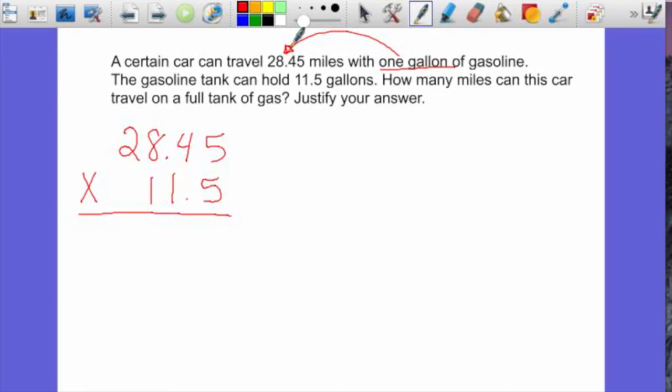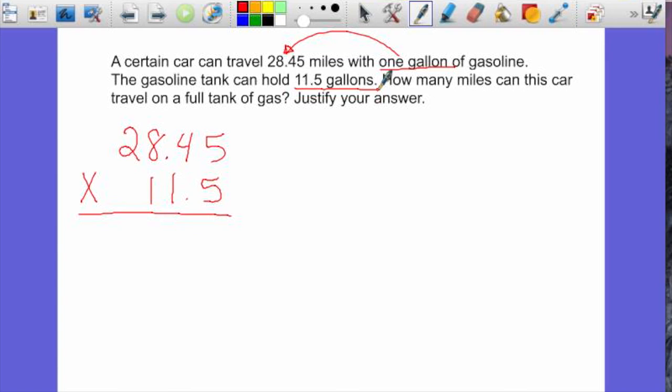And I'm going to do that 11.5 times. You hear me say times? I'm going to go ahead and travel 28 4/45 miles 11.5 times. So I know I need to multiply. So I had to think about that. Sometimes there's a word clue in there. This one we had to think about.